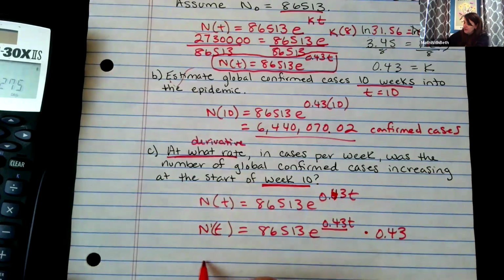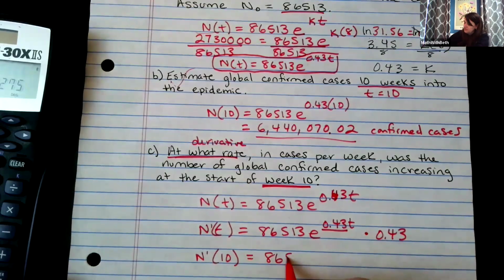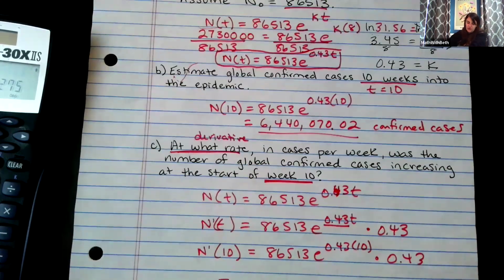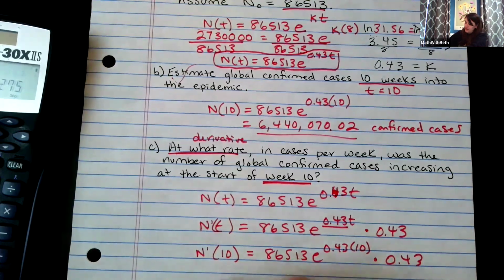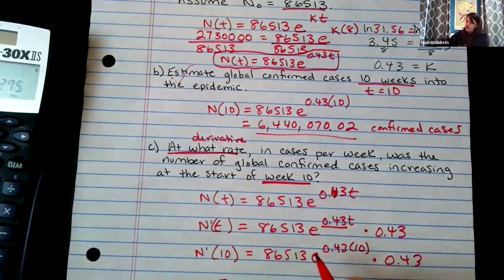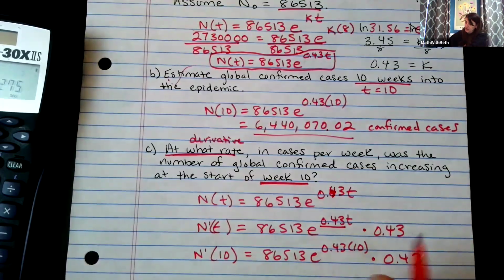So now if I plug in 10 to all of this, I should get my answer, which is a rate of how much these cases are growing per week. So this is my answer.